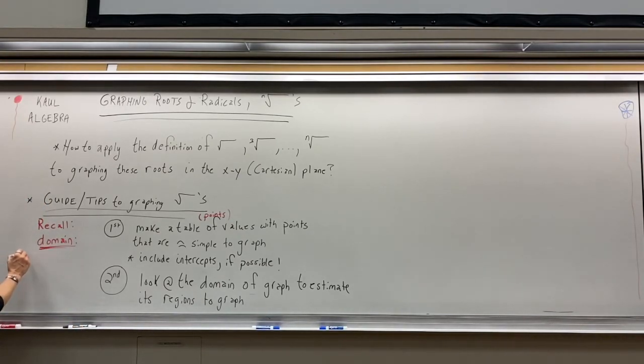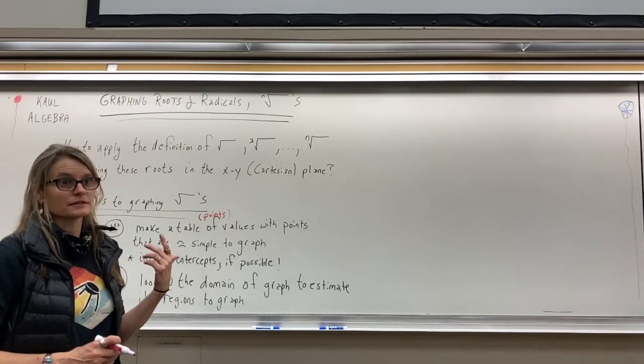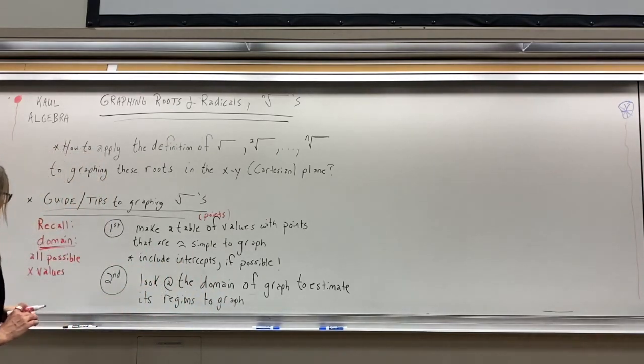Domain, all possible X values. You could have a graph that's velocity as a function of time instead, where instead of Y and X, you have V and T. So just a little reminder, domain is all the possible X values or your inputs.